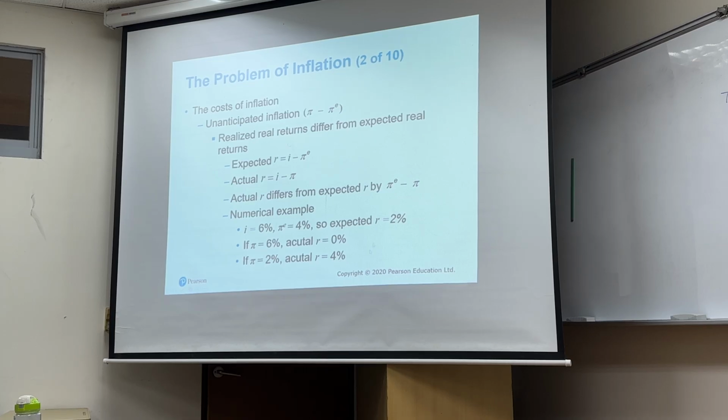So here you can see that when your expectation is different from the real inflation, there will be an impact. From here you get nothing. From here you actually get benefit. So it really depends on which situation you have realized.